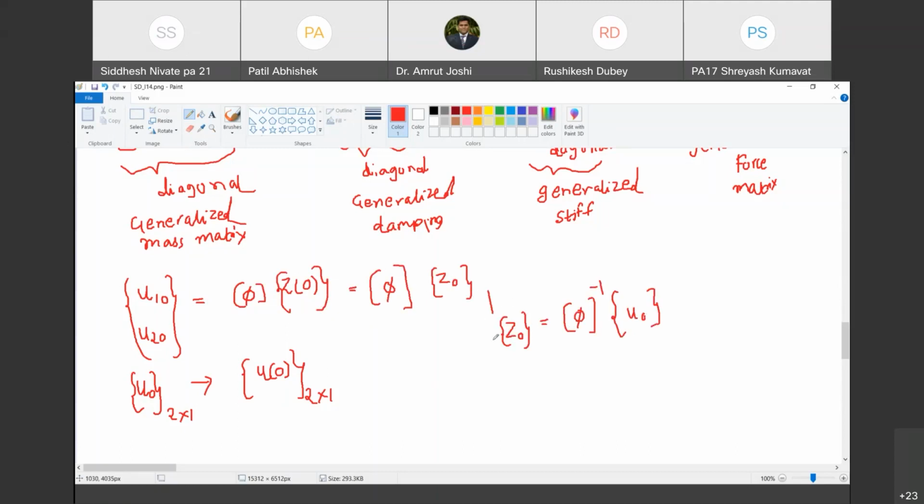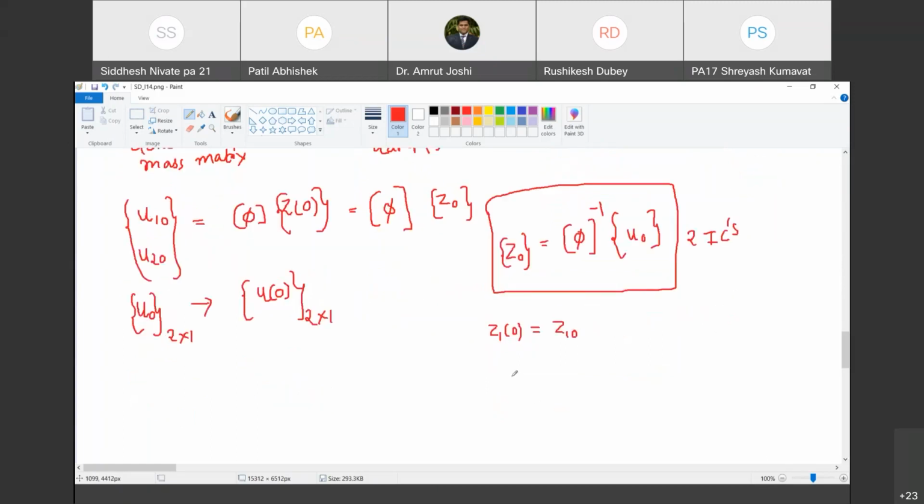Do you agree with me? Yes, sir. These are two boundary conditions, or rather two initial conditions. I'm sorry, these are two initial conditions. How? Because we are talking about Z1 of 0, which is equal to Z1 0. And you are also going to talk about Z2 of 0, which is equal to Z2 0. As a function of U1 of 0, which is U1 0. Are you with me?